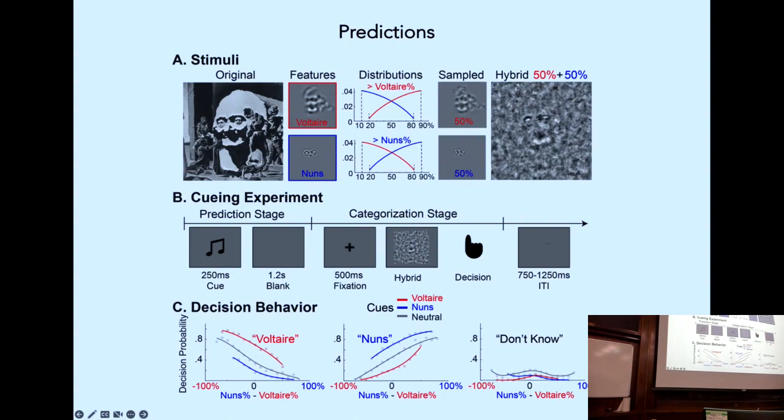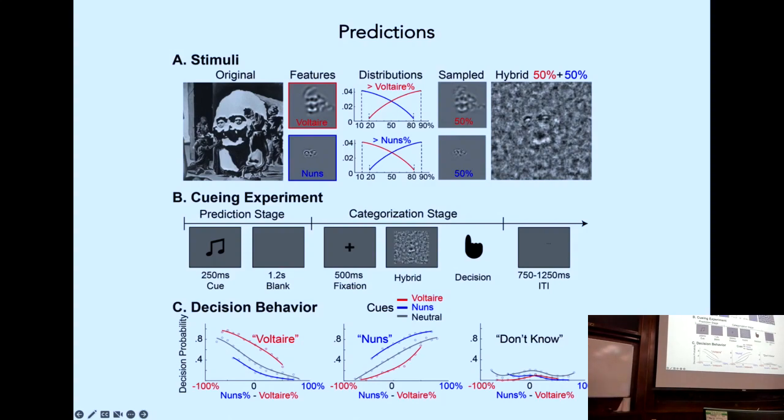And then what you can do is a decoding analysis in MEG, whereby you train a classifier on every 4 milliseconds of the MEG response on a localizer of, say, 100% nonce, 100% Voltaire. And then you get a pattern for each.